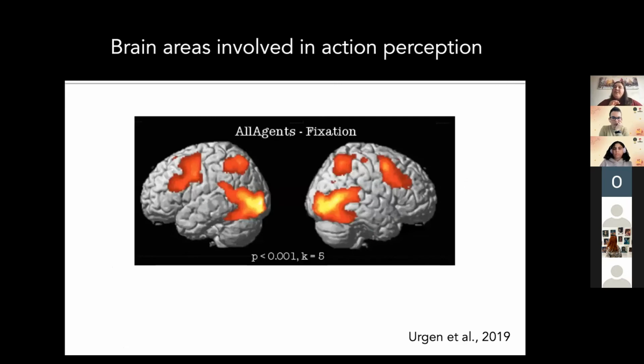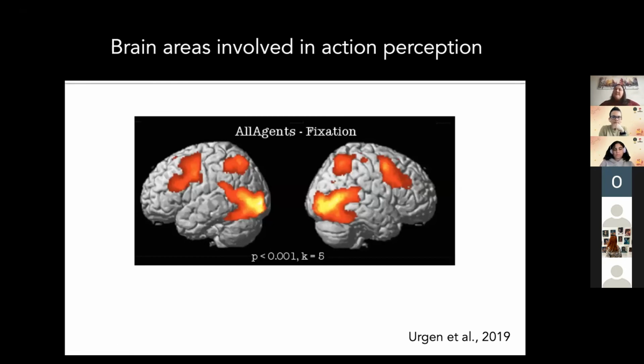And with traditional univariate analysis, in the first step, we identify which brain regions are active, or which brain regions are involved during action perception. And we found that primary visual cortex, early visual cortex, extending to posterior STS, parietal cortex, and premotor cortex are involved in action perception, consistent with previous literature.